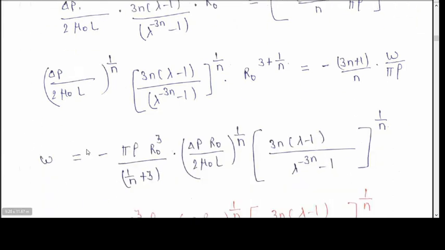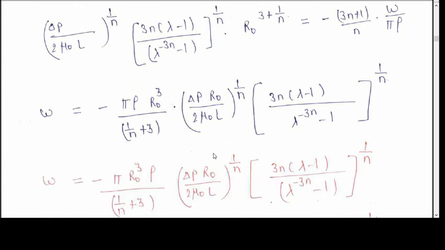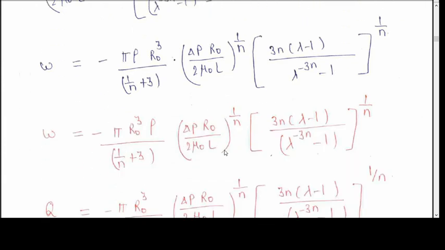Now we can write it only for the mass flow rate term, so we keep the mass flow rate here and take the rest of the terms to the right hand side. So we can write it again in final form.